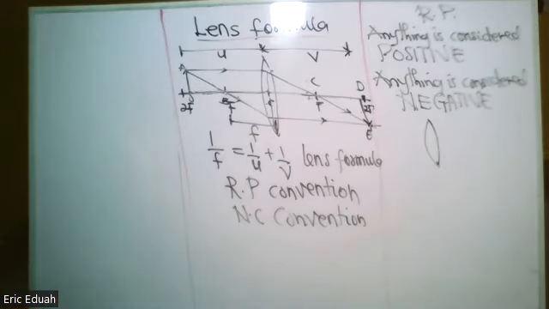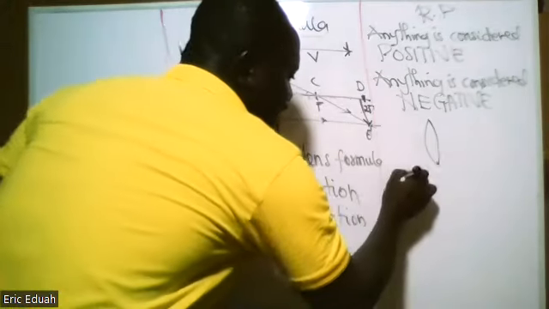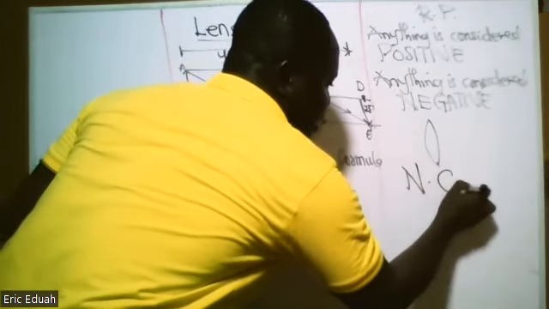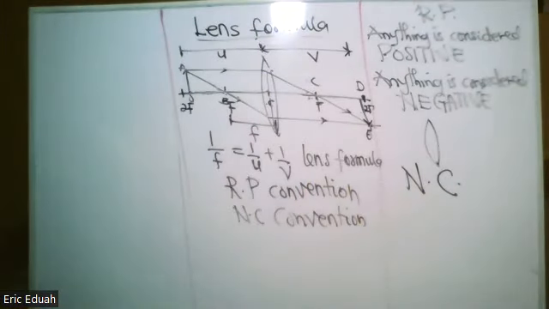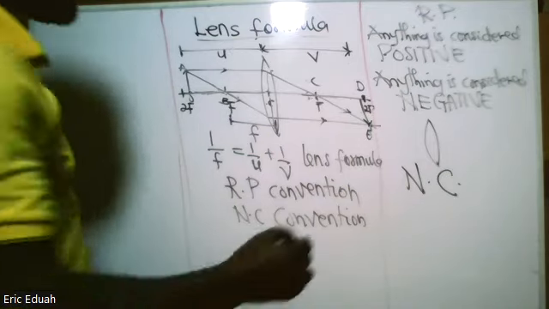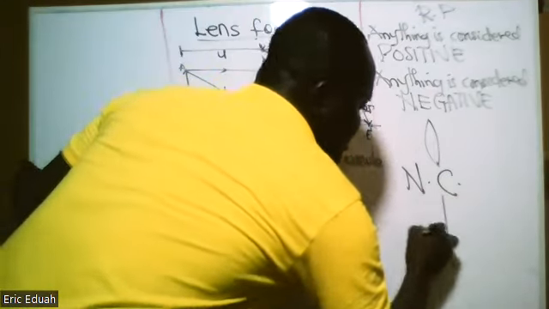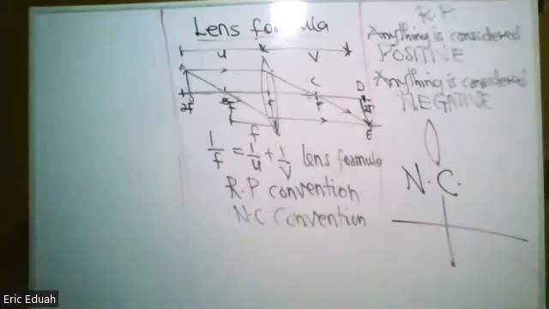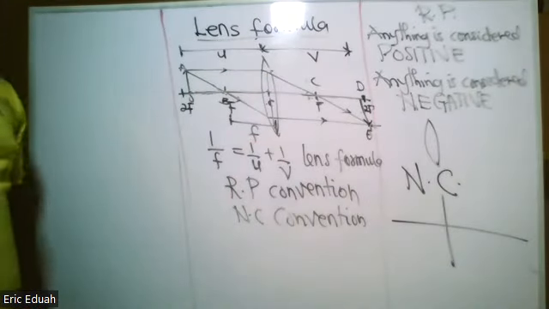Okay. Then, if you are looking at it for NC, the new Cartesian convention, it only talks about the position of the object, image and then the focal length.